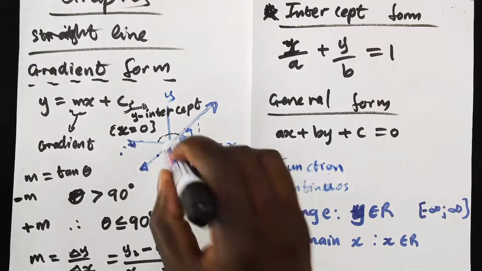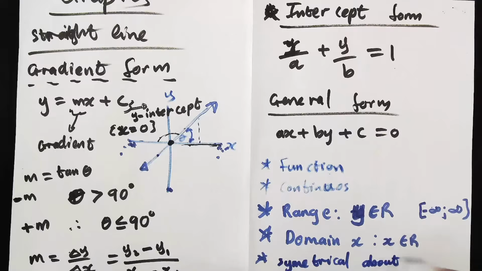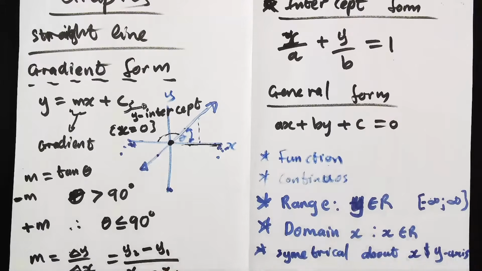If you cut it through this point, through x and y, you get an equal part on the other side. So we can say it is symmetrical about the x and y axis.